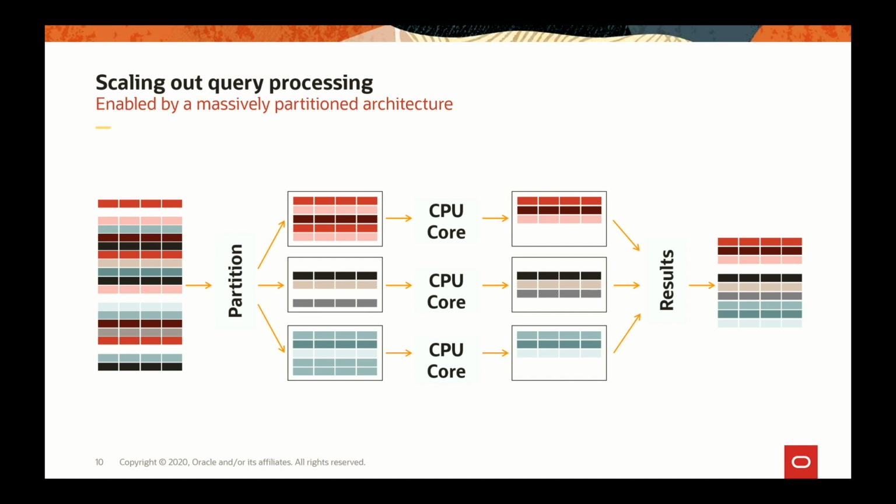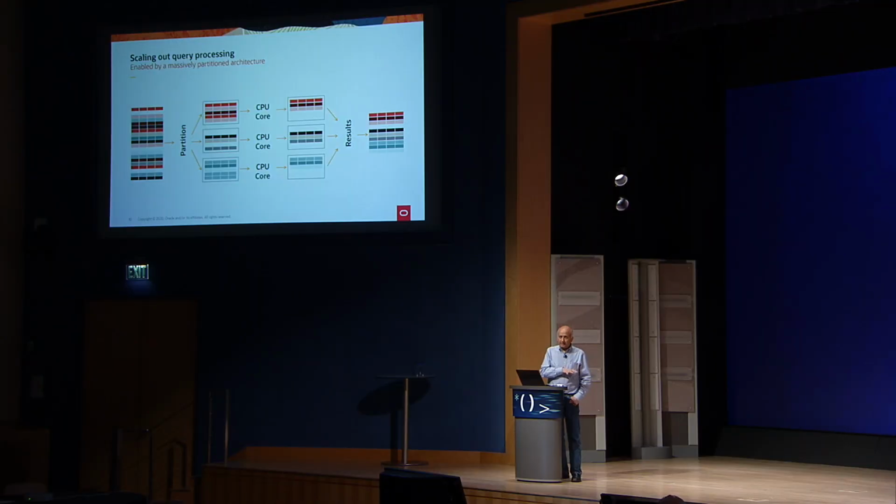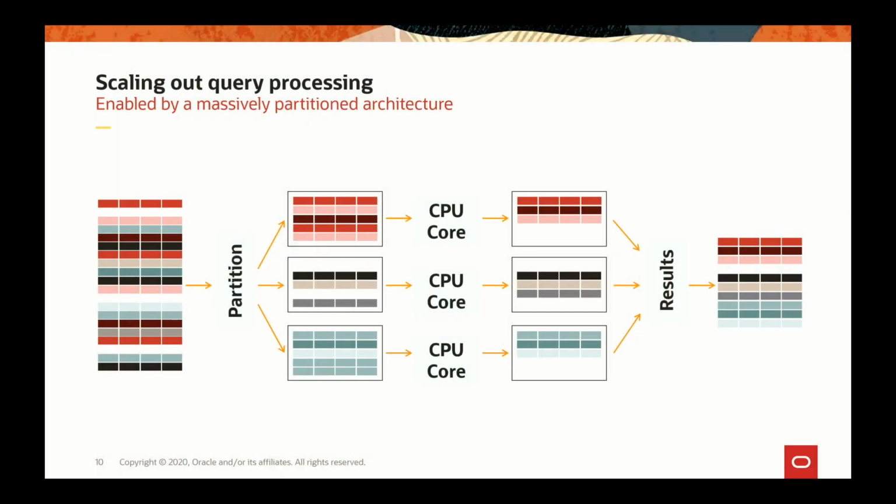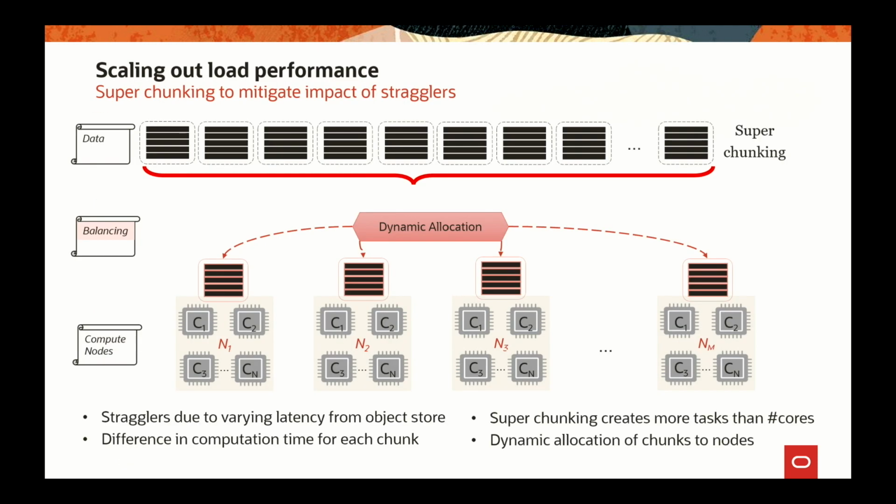And then we have come up with new algorithms so that we can process these partitions at near memory bandwidth, or in some cases near network bandwidth. So the data is loaded into the memory based on the queries, the data fits in the cache, and then we process these partitions really fast. That's the reason the query processing of HeatWave is so efficient.